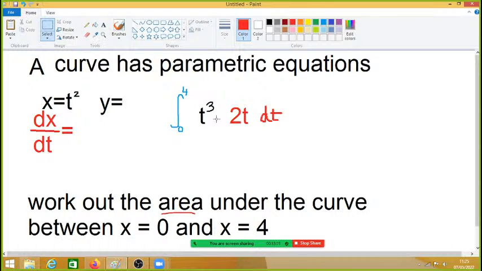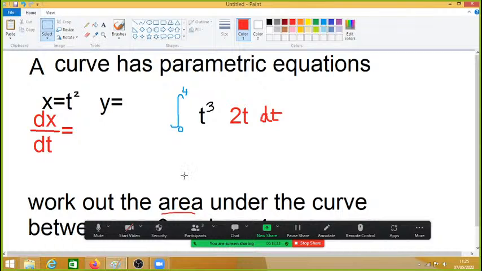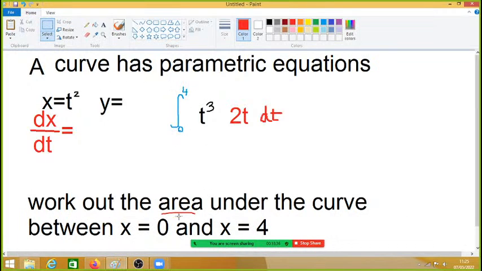So the numbers first. What did we do with the numbers? The numbers at the moment are in terms of x, those original numbers were x equals 0, x equals 4.